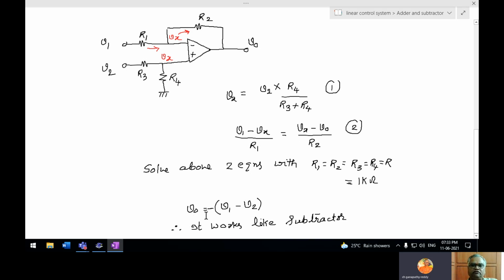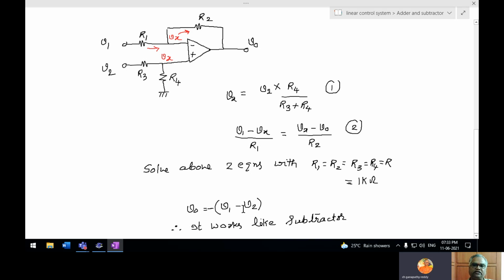You get V0 equal to minus of (V1 minus V2). So V1 minus V2, it's a difference. Difference is nothing but a subtractor. Okay, minus of (V1 minus V2). Why is minus V1 coming? V1 is connected to the minus terminal, so minus V1 is coming.